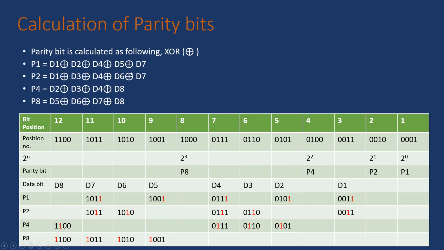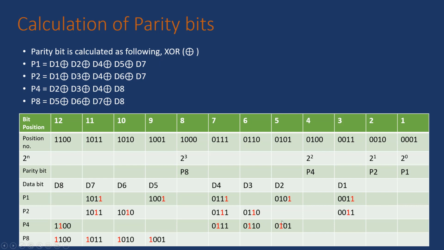Okay, what exactly, how to calculate? It's going to calculate the exclusive OR of these data bits. So parity bit 1 is going to calculate data 1, 2, 4, 5, 7. So 1, 2, 4, 5, 7. Every bit exclusive OR to get either 1 or 0.